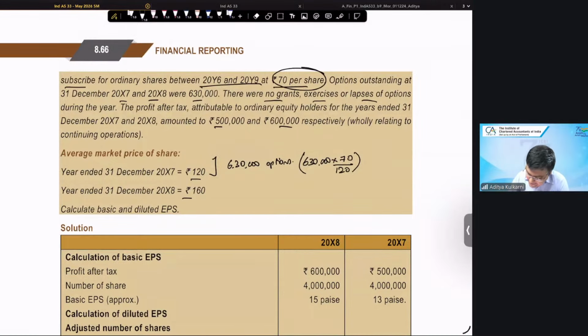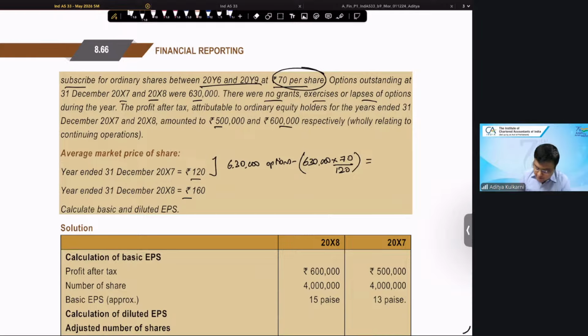So can I say that there is a bonus component involved here? Yes, sir. What is the bonus component is very easy. 6,30,000 into 70 divided by 120. How much that comes to? 3,67,500.